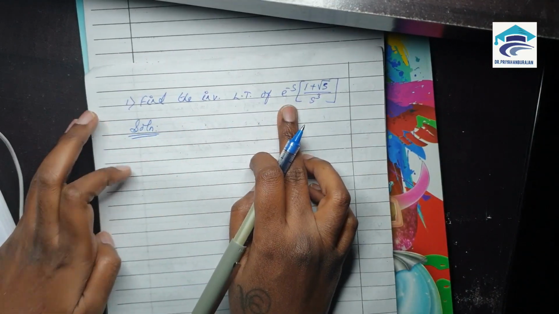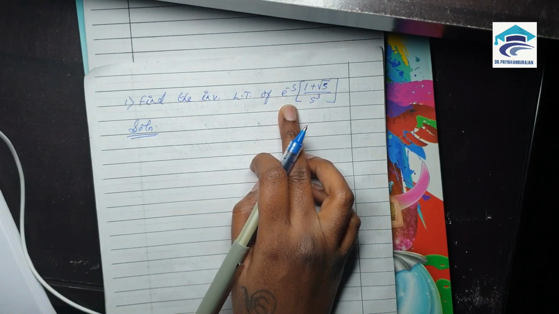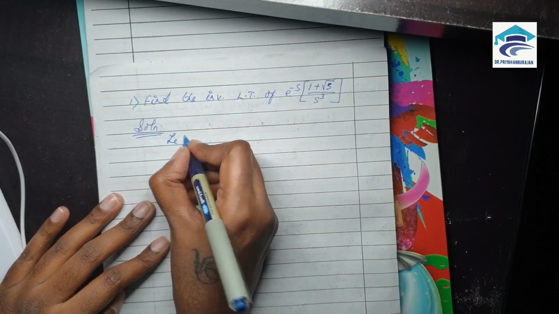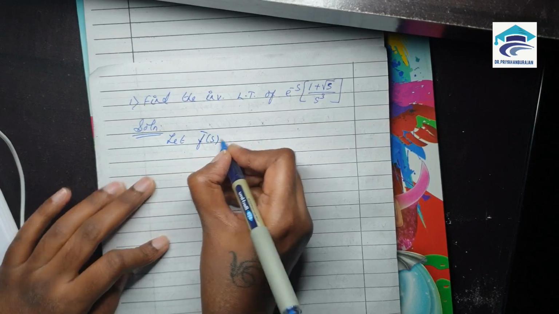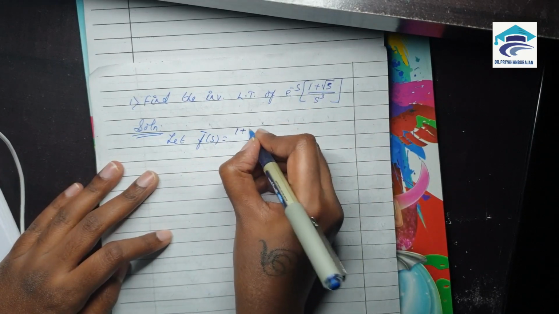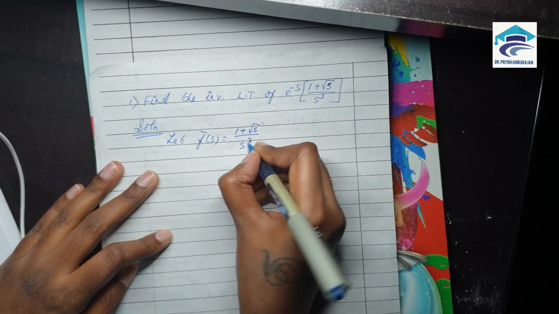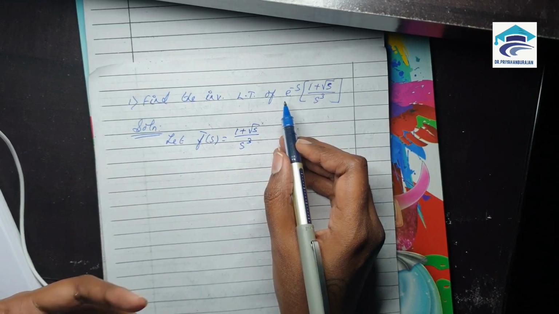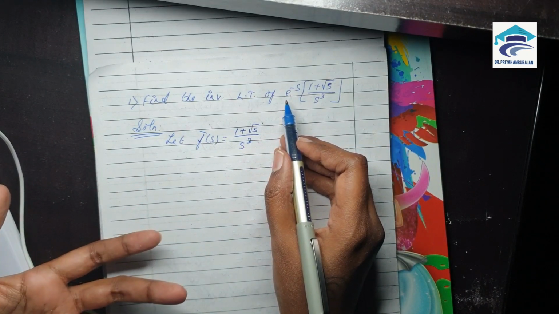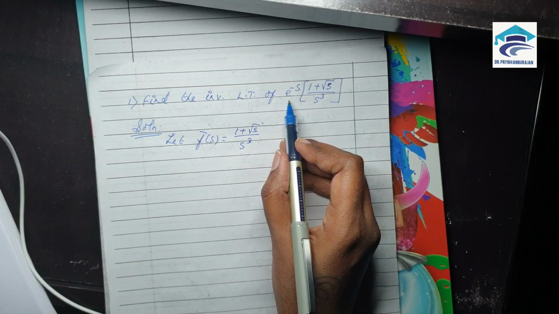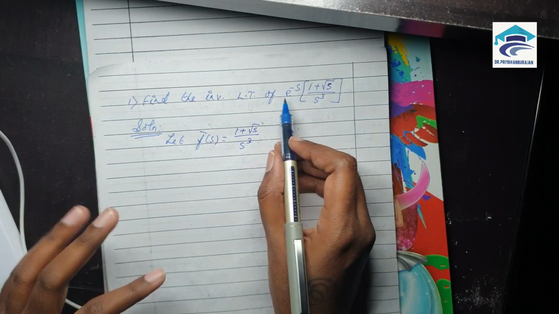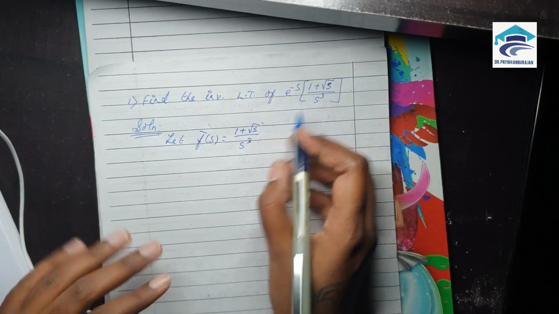Here you have the combination of an exponential into some function. So let us take f bar of s as 1 plus root s by s cube. This exponential term we can deal with later. We are going to use the second shifting theorem to include it. So first let us find the inverse Laplace for this term alone.